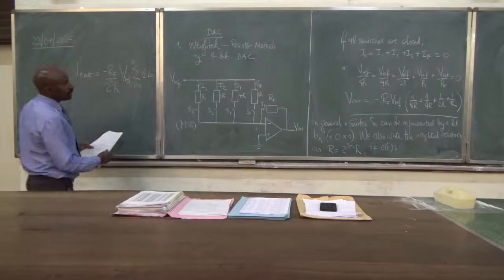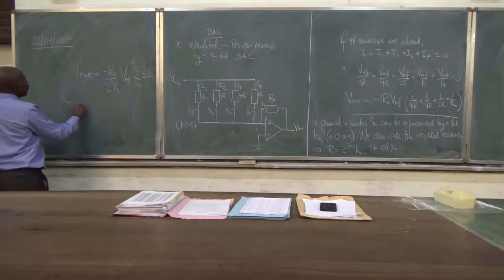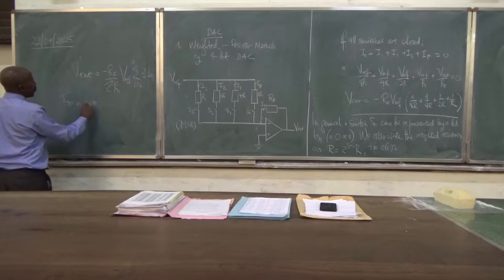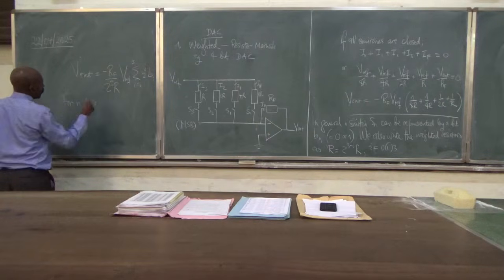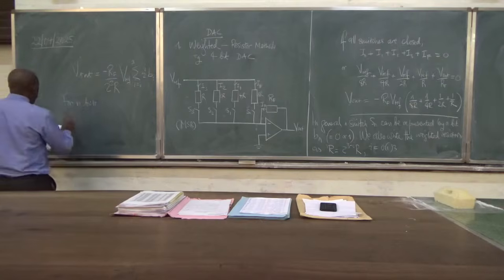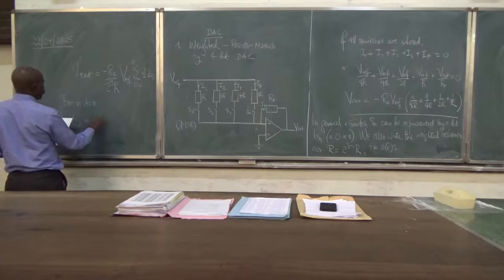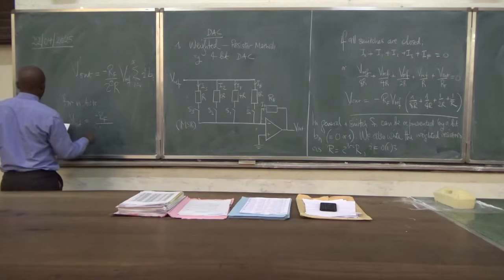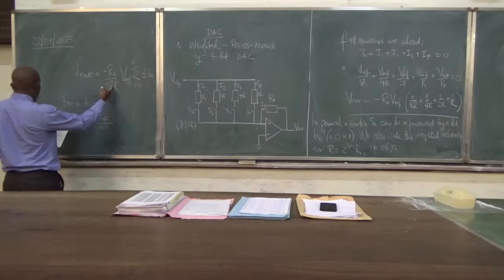Now for n bits, these were just 4 bits. For n bits, these 3 is because of the form. V out would be the same as minus RF over 2 to the power n minus 1 R. That's why we had a 4 minus 1 giving us a 3.